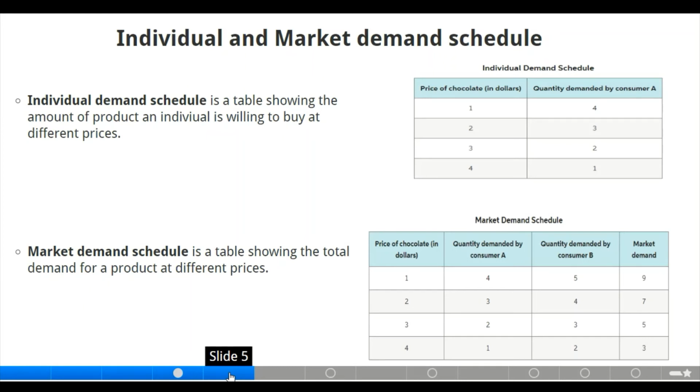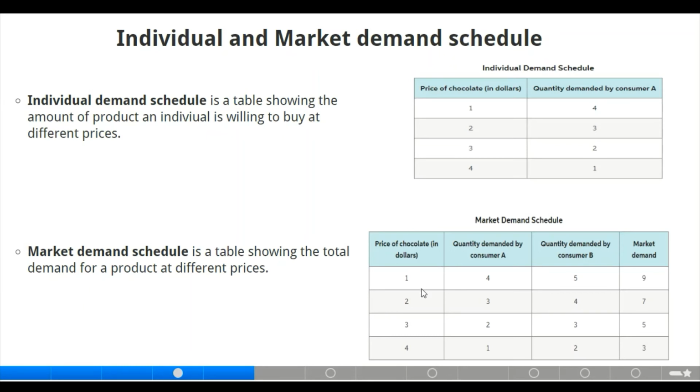As you can see, this diagram shows just one individual demand schedule at different prices and different quantity demanded by the consumer. Now we have a market demand schedule.